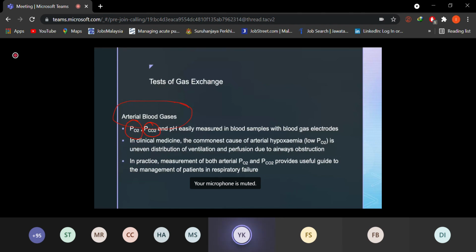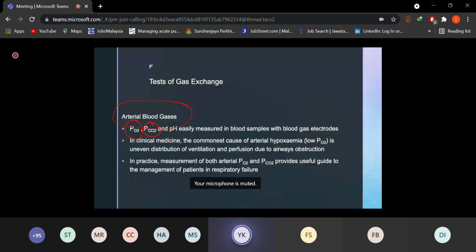They want to know the partial pressures of oxygen and carbon dioxide, because their ventilation or perfusion is obstructed. There is too much mucus produced in their lungs that prevents them from breathing, ventilating or perfusing normally.